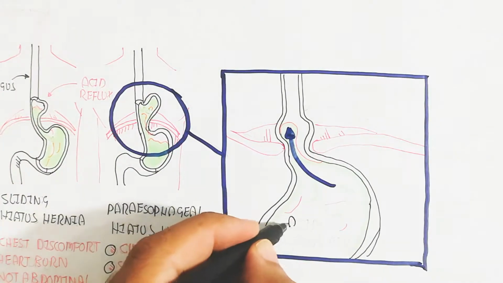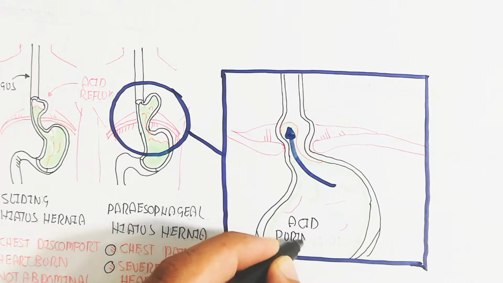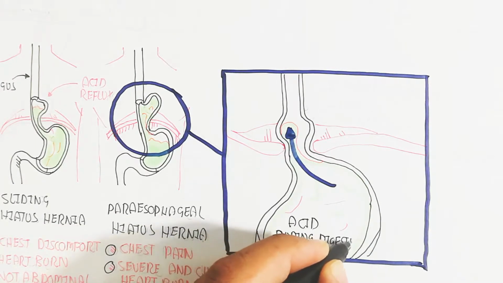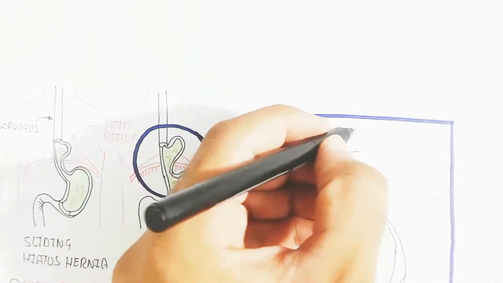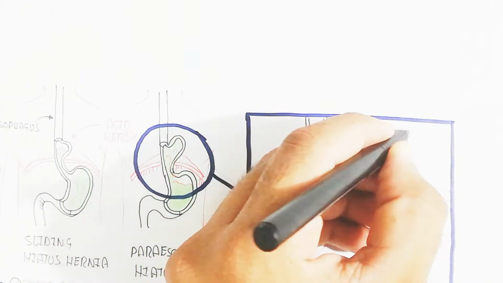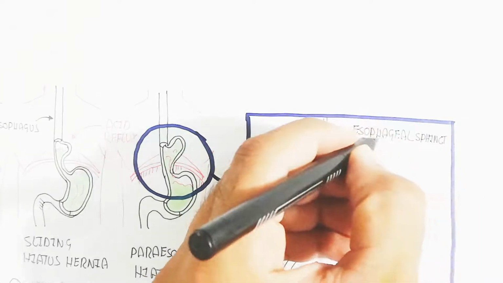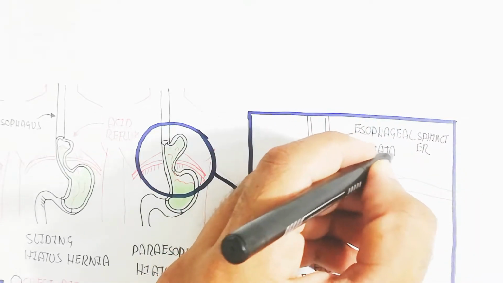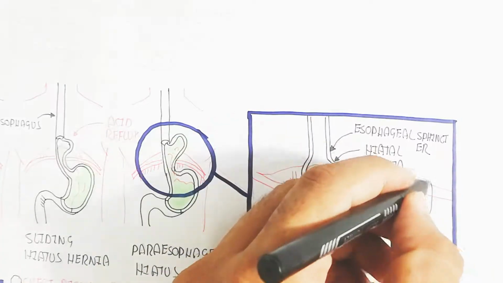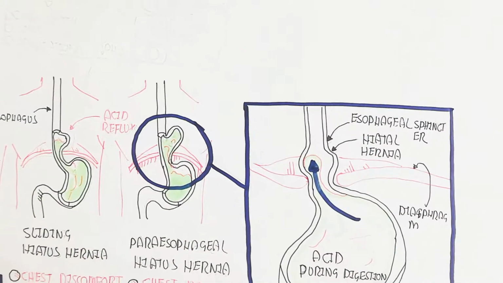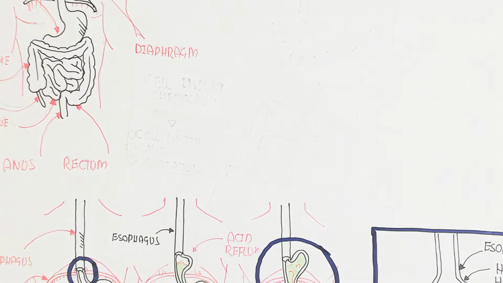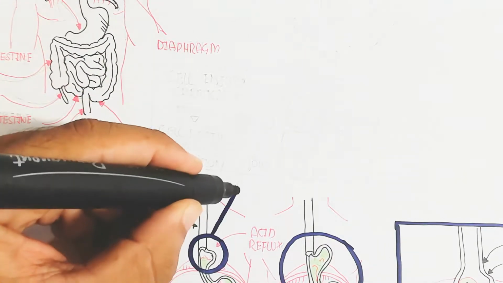So here you can see the food and the acid during digestion move upward and damage the wall of the esophagus. So here is the esophageal sphincter, the hiatal hernia, and the diaphragm, and let's begin to understand the middle stage of the hiatal hernia and what it causes in the esophageal wall.